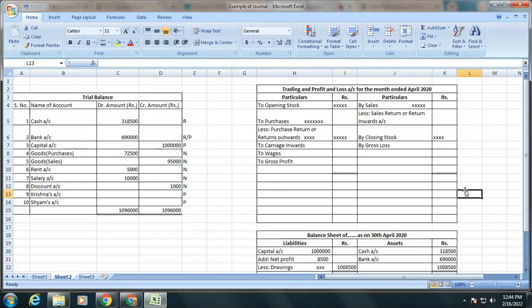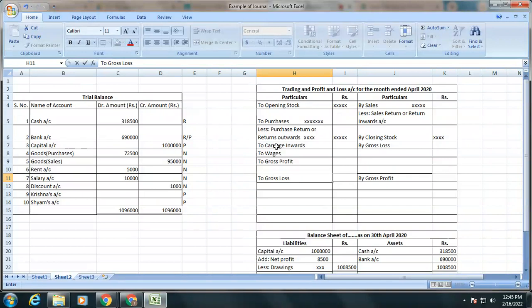Now below this, we will start the profit and loss account part by transferring the profit or the loss to the side where it was. So profit आपका तब होगा जब right hand side ज़्यादा थी. So I write down by gross profit. Okay. And on the left hand side we write to gross loss.